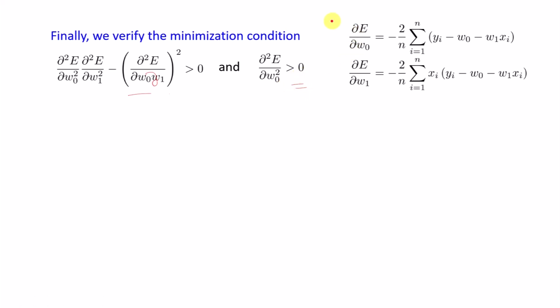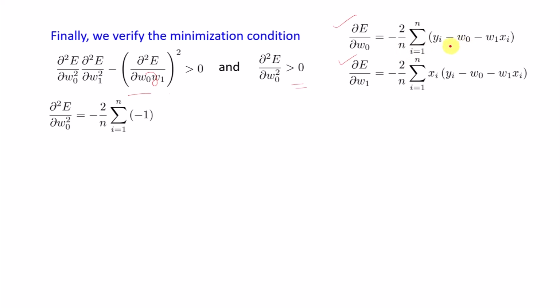Now we know the expression of the first derivative is like this, that we have already deduced. So I can take the second derivative, for instance here. If I take the second derivative, my del 2e del w0 squared, this negative 2 by n will be here.